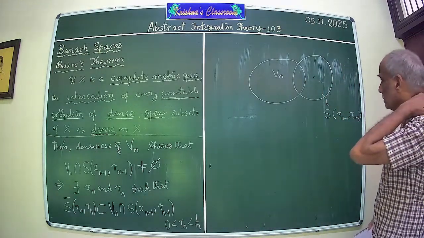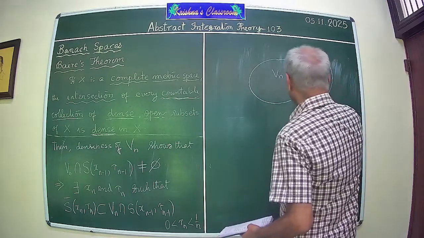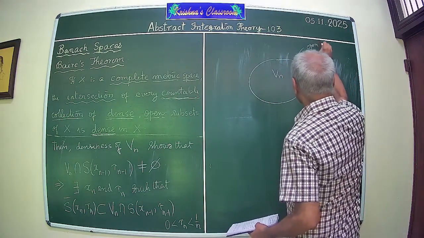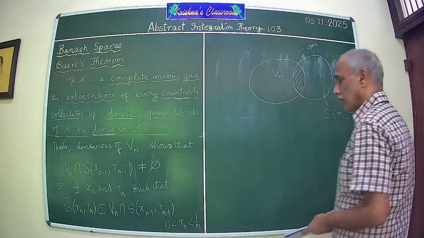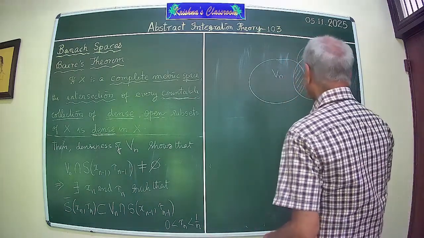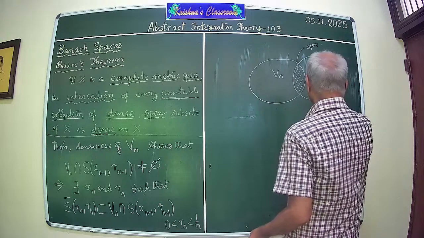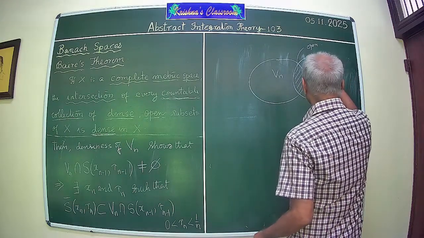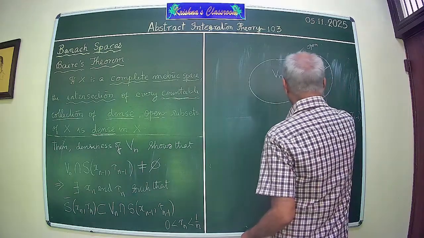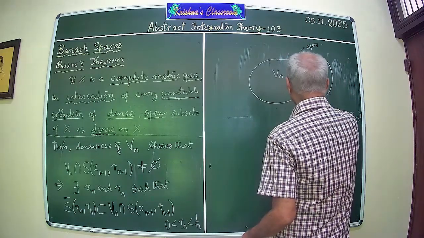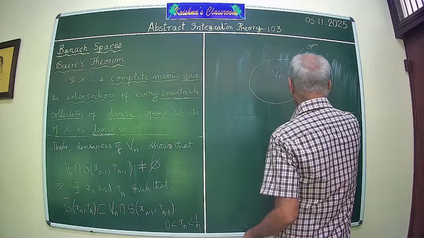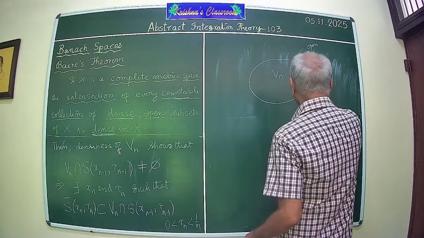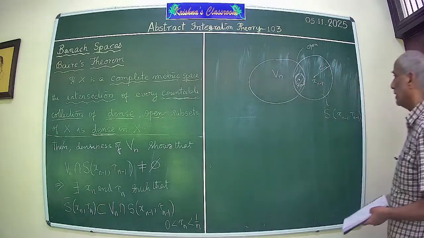Okay. Now this is non-empty, open. Therefore, what you have, you can find this is x minus 1. Now you have an xn here and an Rn such that this ball is completely contained inside.